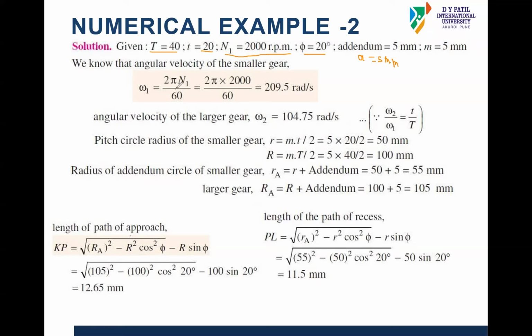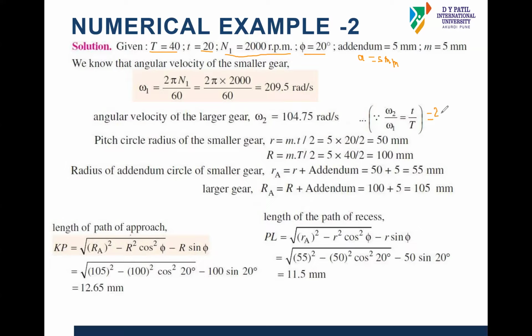So first we'll find the angular velocity for the smaller gear, omega 1 equals 2 pi N1 upon 60. So that value is 209.5 radian per second. Then we can calculate the angular velocity for the larger gear. So you can just use the relation: omega 2 upon omega 1 is small t upon capital T. Small t, the number of teeth on pinion, is 20.